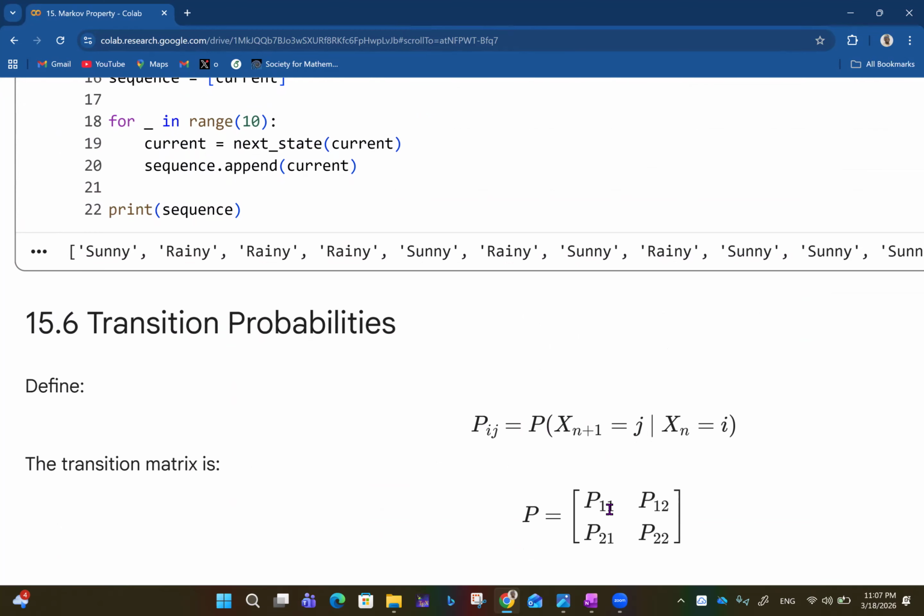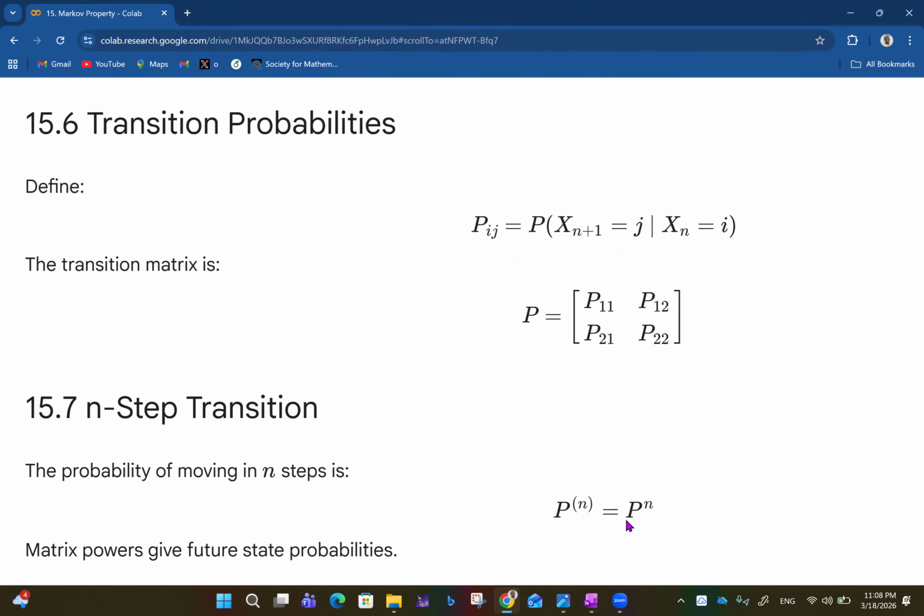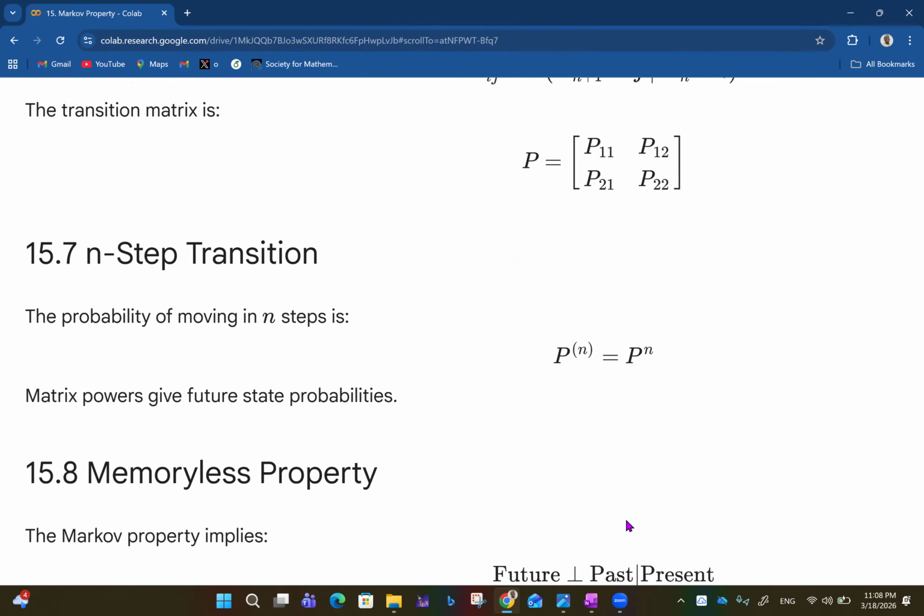So P11 means the probability that xn plus 1 is 1, given that xn is already 1. That means the probability that tomorrow will be 1 if today is already 1. Then 1, 2: the probability that tomorrow will be 2 given that today is already 1, and so on and so forth. So that's the transition matrix.